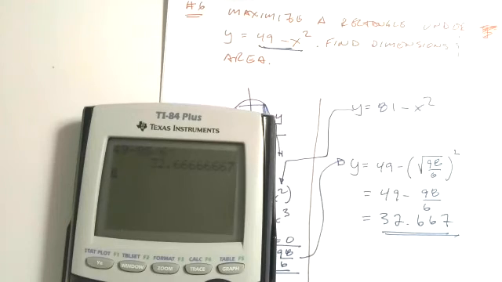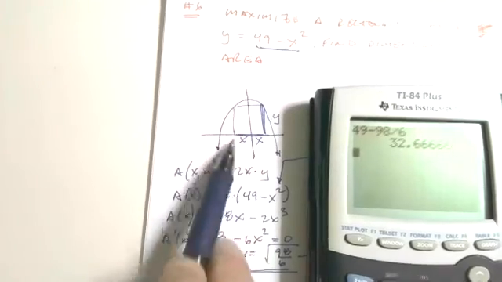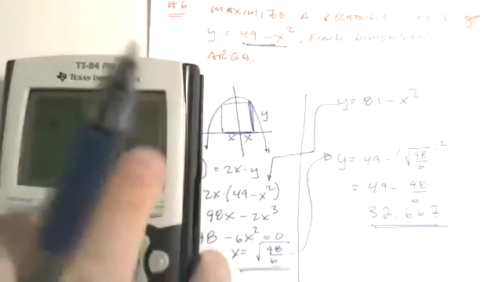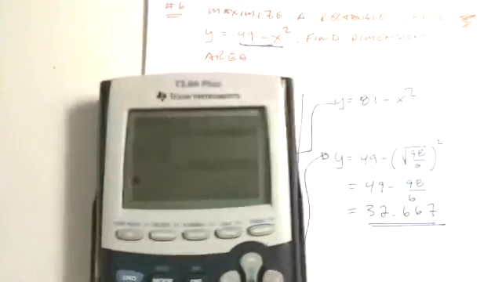The x value, pardon me, the base of the rectangle is 2x. So 2 times the square root of 98 over 6. Gets us 8.08.